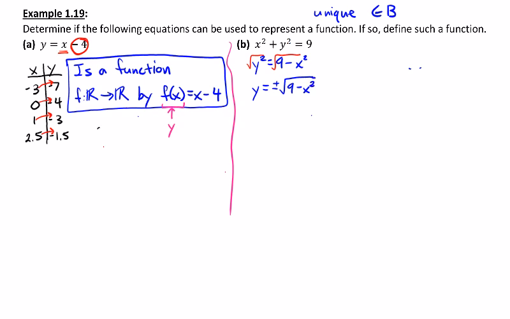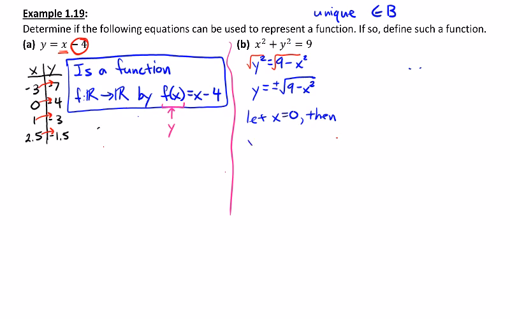So that's a detail that sometimes gets overlooked. When you are in an equation setting and you take the square root of both sides of your equation, you are required to include a plus or minus symbol like we have here. And this immediately should throw up a red flag. If I was to let x be equal to 0, we'll take a simple x value, and I want to plug that in.